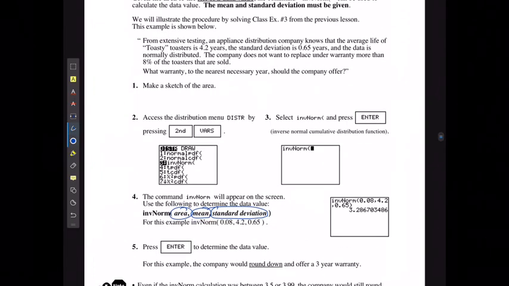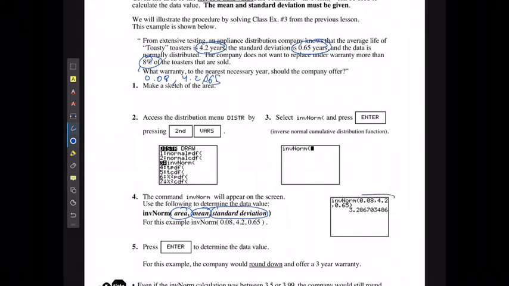So if they did it from the Toasty Toasters one, where it says that the average life for mu was 4.2 years, the standard deviation was 0.65, and the company doesn't want to replace more than 8%, then I'm going to say, well, my area was 0.08, my mu was 4.2, and my sigma was 0.65.